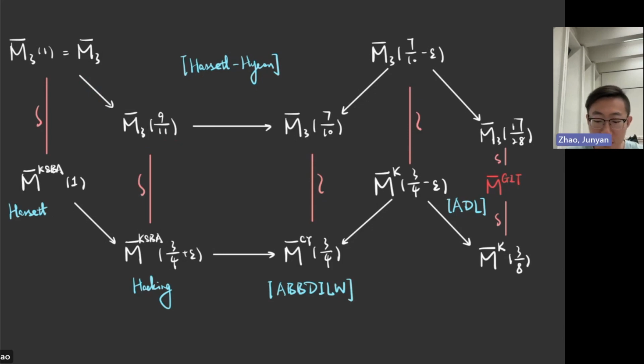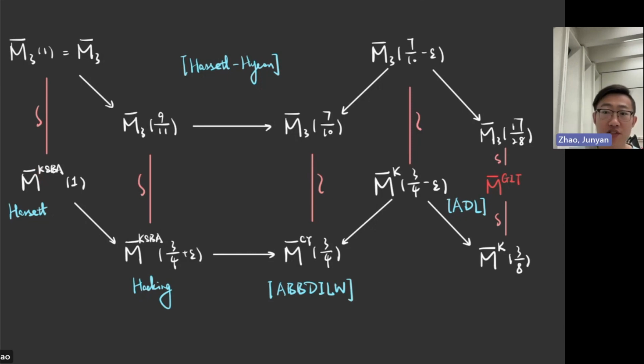Then you have further contractions, and finally you end up with a point. After that you get the empty model, because K plus alpha delta is no longer big or pseudo-effective. This is by just studying the curves.